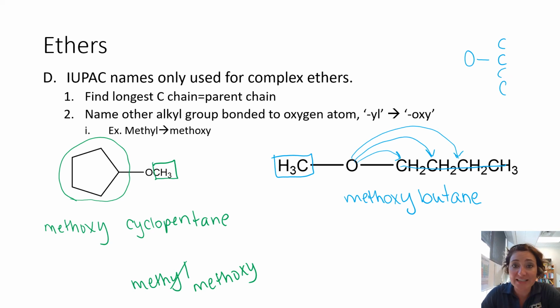So it doesn't have to necessarily attach to the end. When you have multiple places that you can attach this oxygen group to, we are going to have to number. It is okay in this situation to put your 1 ahead of everything else. So this would be considered 1-methoxybutane. We know that the methyl group is coming off of the oxygen, but the 1 is going to designate that the oxygen is attached to the first carbon, or the carbon in position number 1.